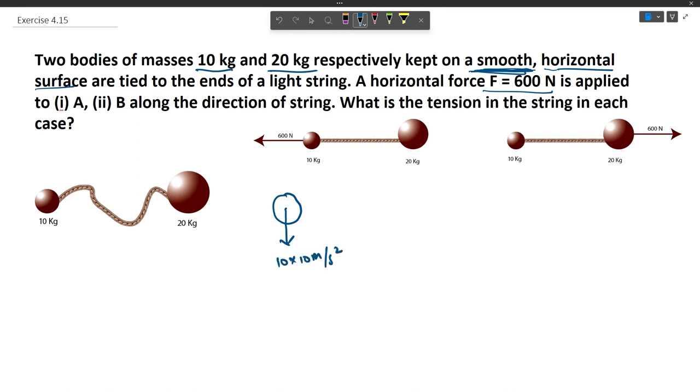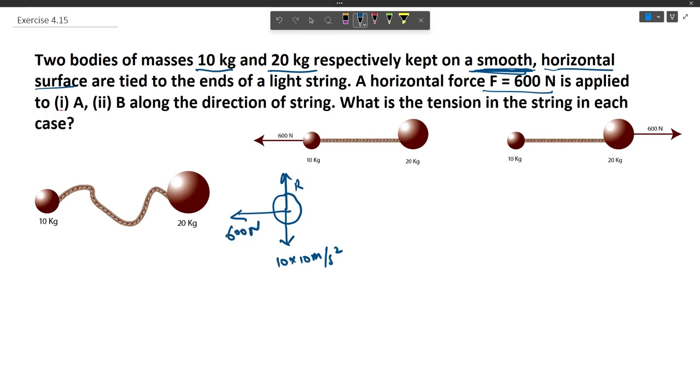Here acceleration due to gravity is taken as 10 meter per second square. Also the reaction force R would be acting, that would cancel out each other, and this is our force of 600 Newton.